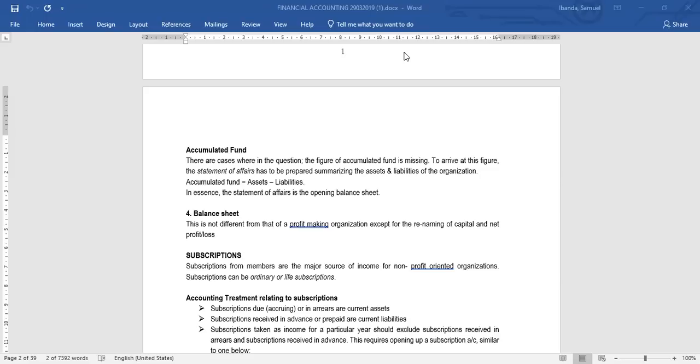I think you now know how to distinguish between current and long-term liabilities, just like the way we have current and non-current assets. It's the aspect of 12 months. Anything that will exist beyond the 12 months is recorded under long-term, okay, for liabilities, and for assets, it's called non-current assets. So proceed.